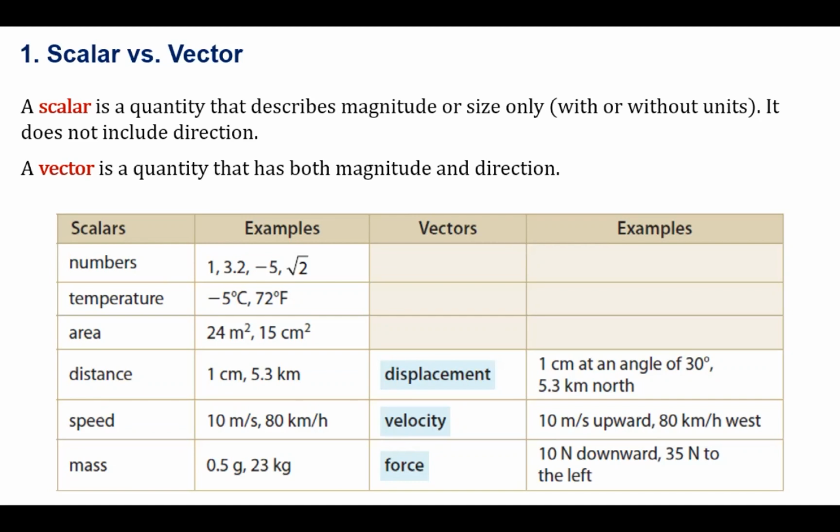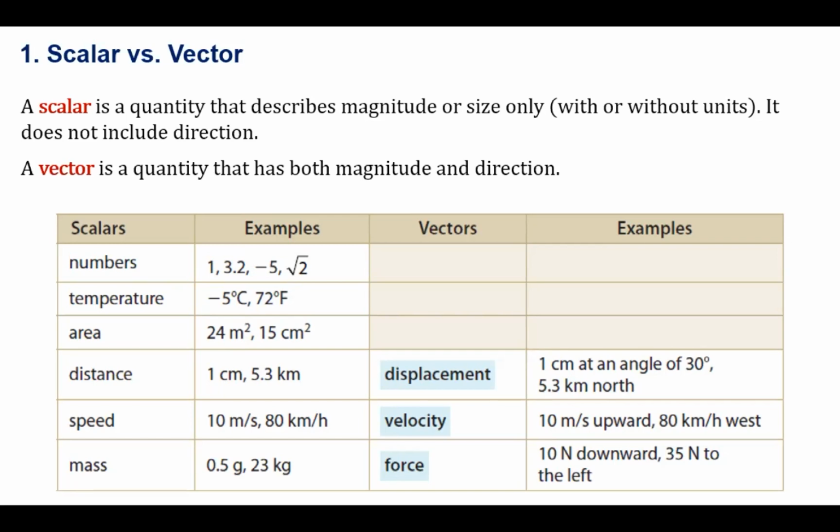And also, for example, -5 degrees Celsius, 72 degrees Fahrenheit are temperatures. Temperatures usually are scalars. And areas such as 24 square meters, 15 square centimeters.